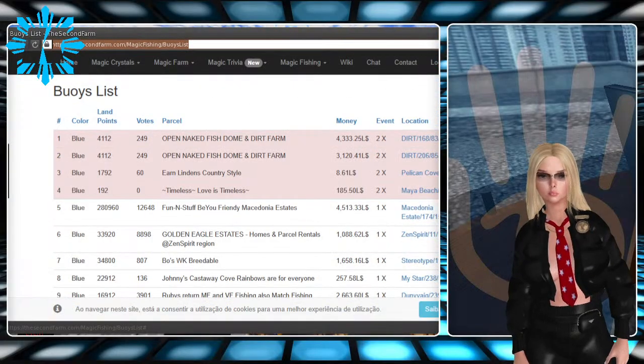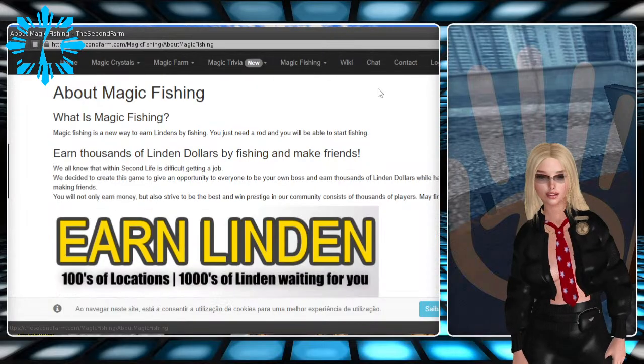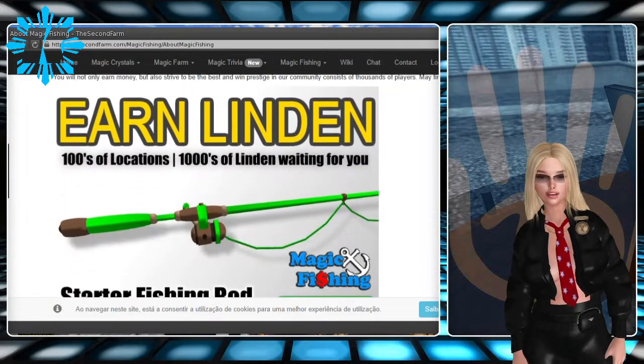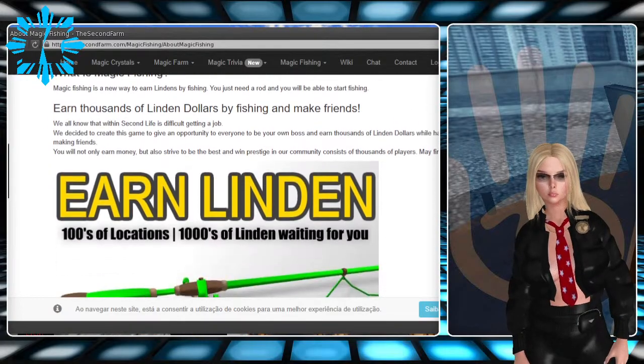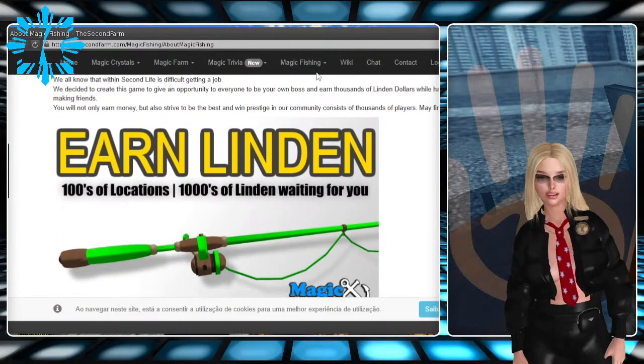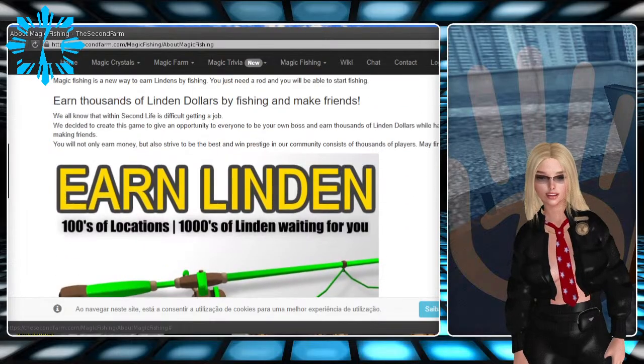In fact, I think we can answer that question right now because I have the page opened here. Let's see. Earn Linden. Okay, there's nothing here. So the game is Magic Fishing, but the creator is called The Second Farm.